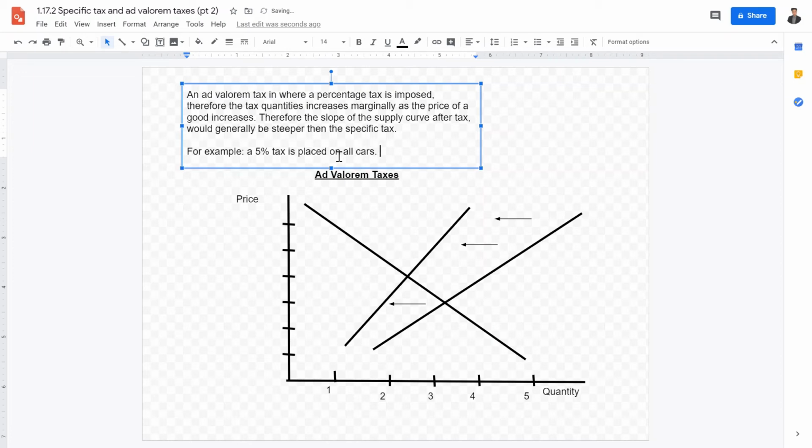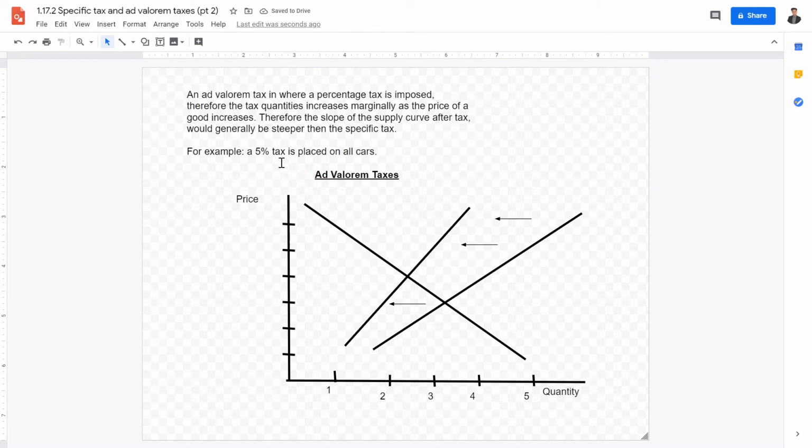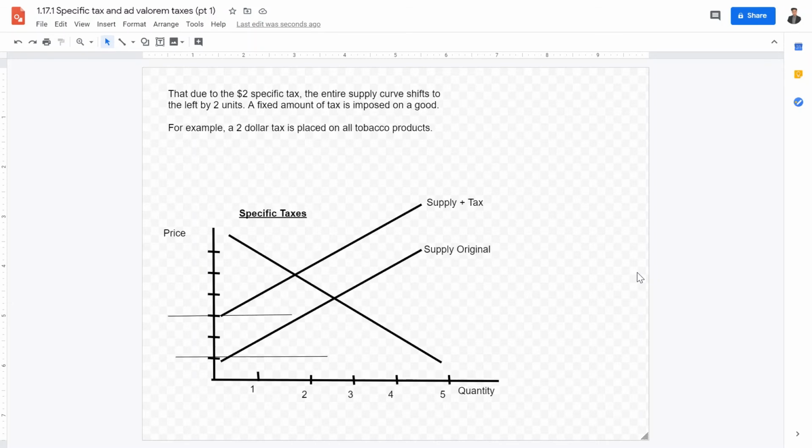That would be an ad valorem tax because it is not a specific tax; it is a percentage tax. Now, as the price of a good increases, the marginal tax amount also increases disproportionately. Therefore, the ad valorem tax will show that the marginal increases of the tax will be much higher in proportion to the original tax placed. Okay, so these two are the two indirect taxes.